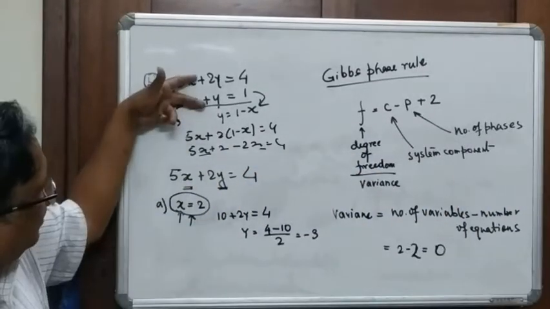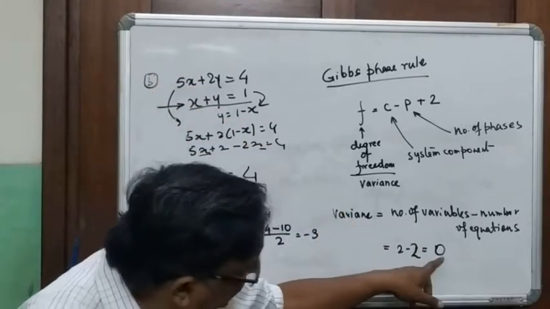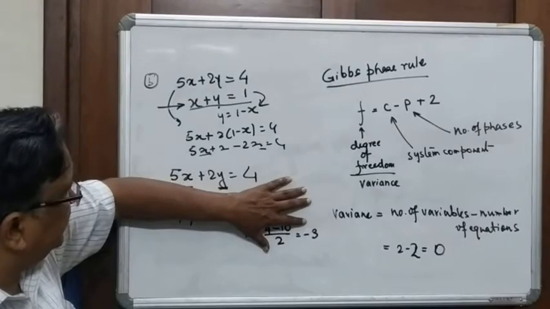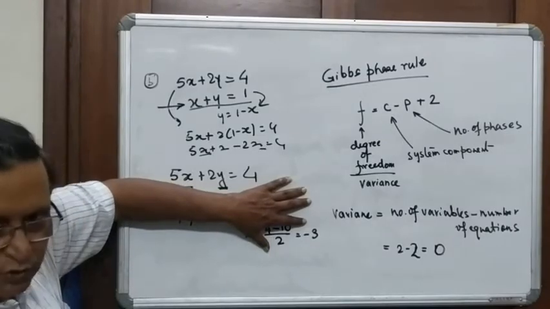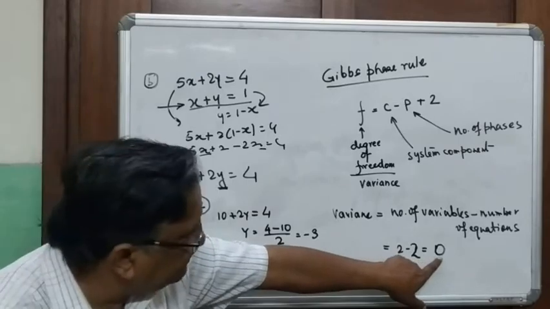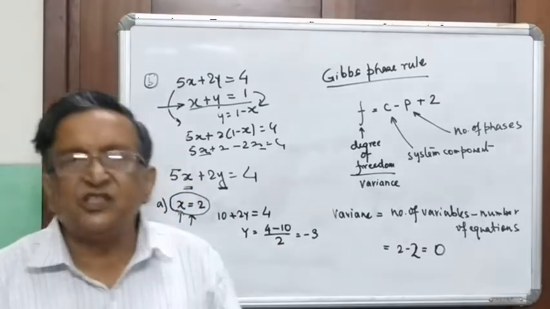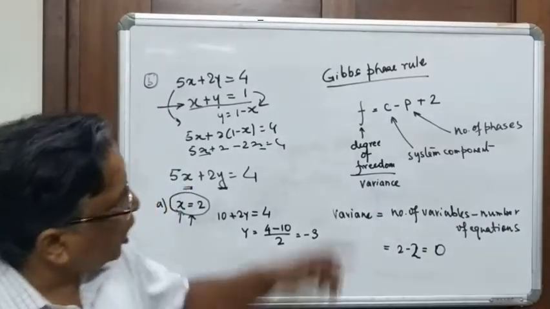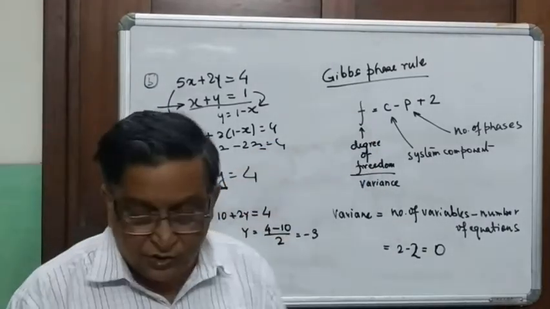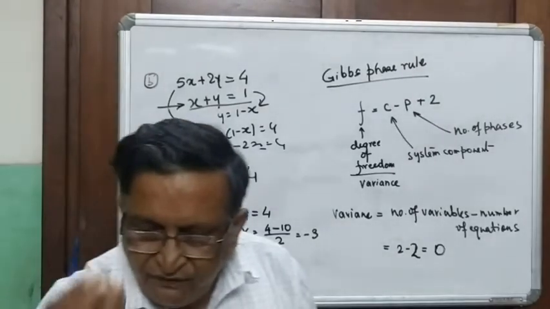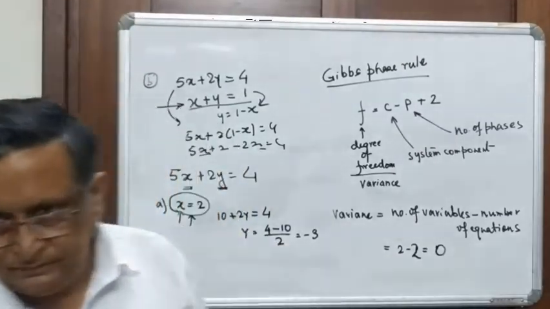Because you have two equations, your variance is 0 here. And if I had given you this only, 5x plus 2y is equal to 4, the number of equations would have been 1 and your variance would have been 1. That's the important point. When I talk of degree of variance, I am trying to find out metamorphic variables.